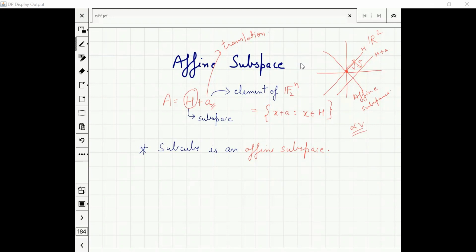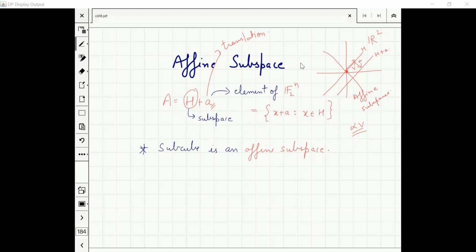Right. And now the thing to realize is that subcubes and subspaces look similar, and there was a reason for that. Our subcubes were affine subspaces. Not every affine subspace is a subcube, remember that, but a subcube is an affine subspace. And can you think of the translation now?